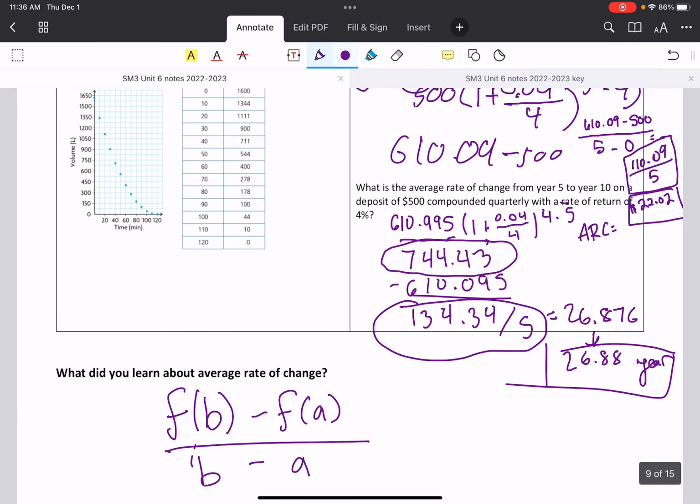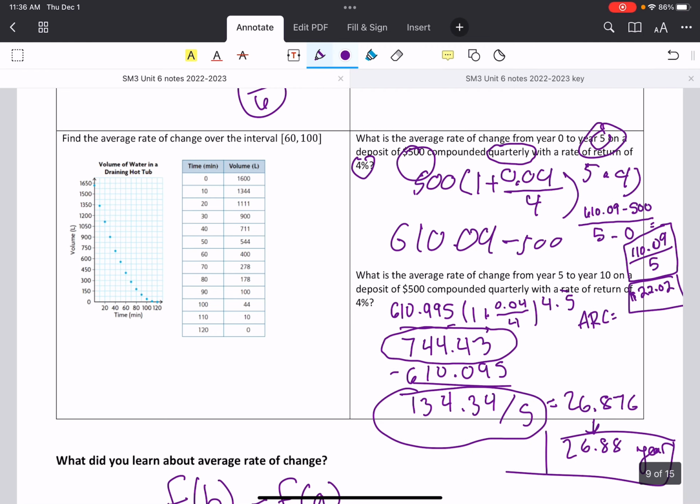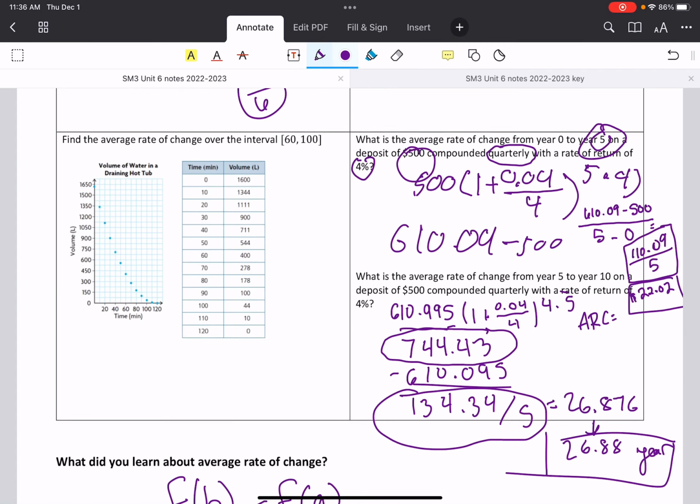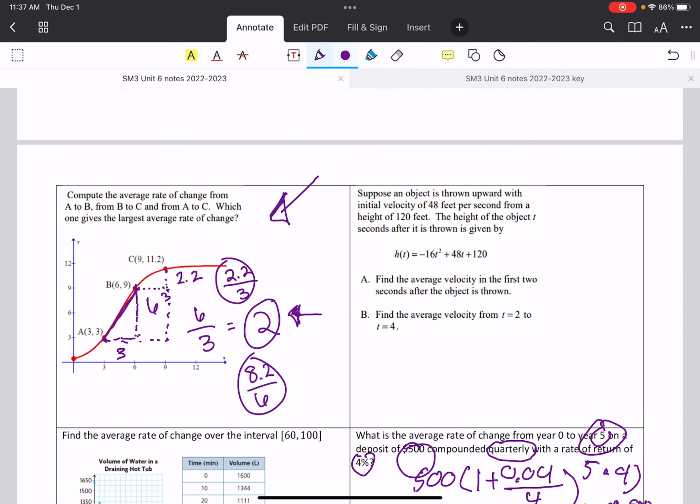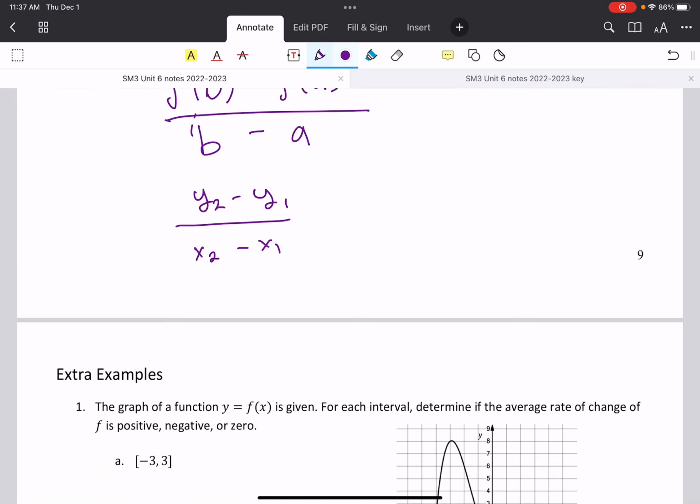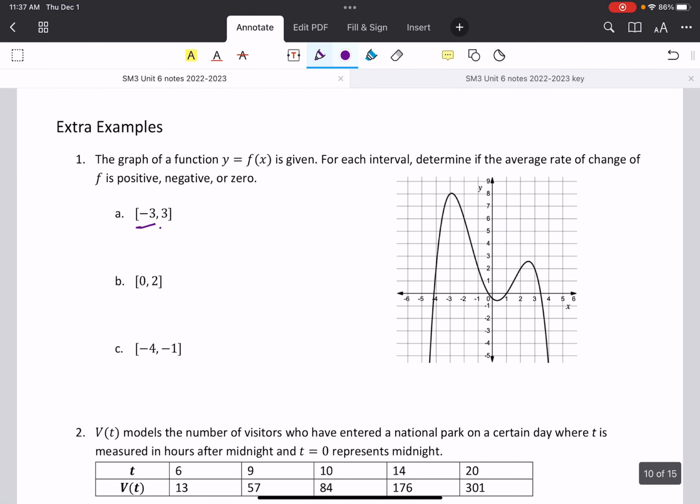Okay, so for that specific problem is what we did last time using the average rate of change. For everything else, though, you need to be able to understand what we did here. Okay? We need to understand from the interval -3 to 3 what your y values were from here to here.